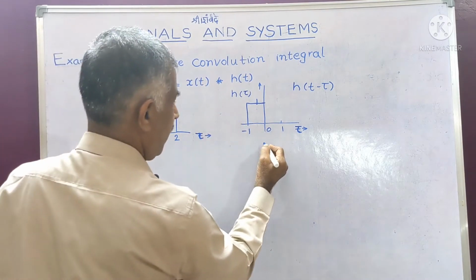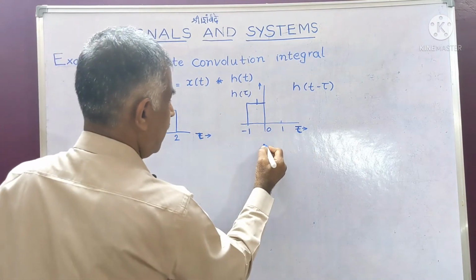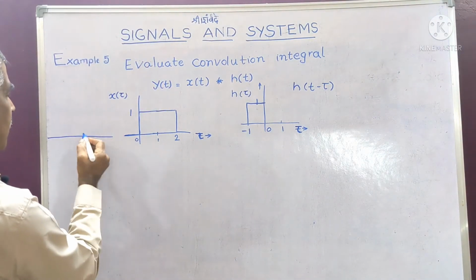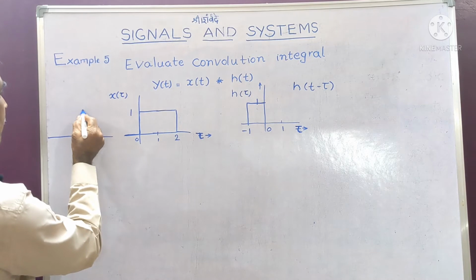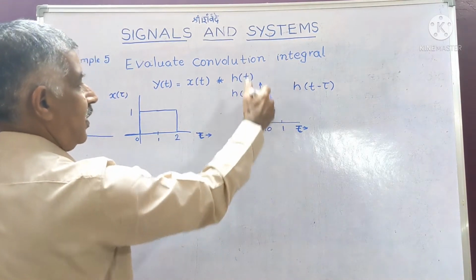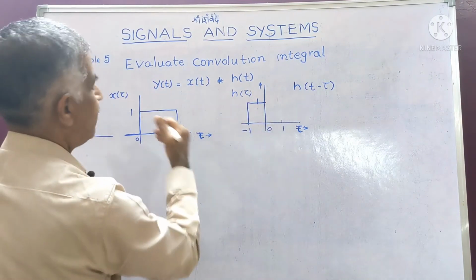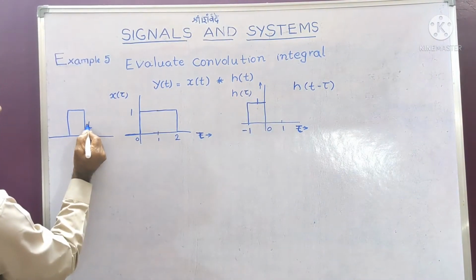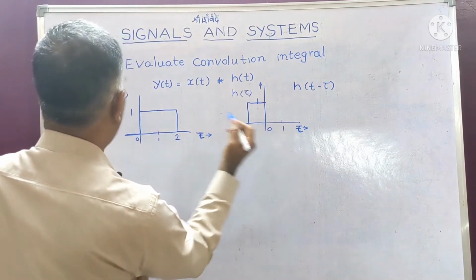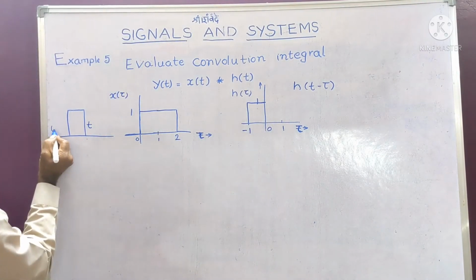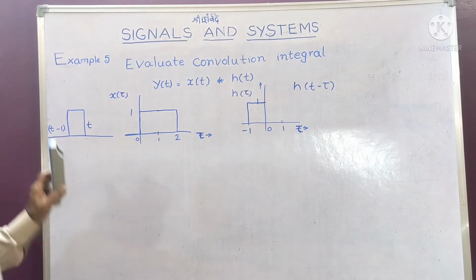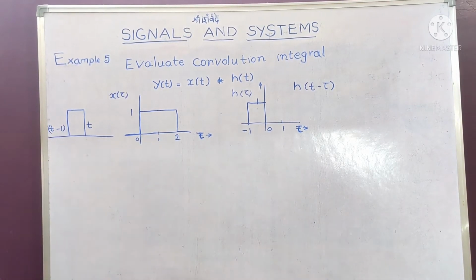So the same waveform, if it is shifted by t units, then this edge was at t equal to 0. Now pushing this by t units means this edge is a t edge. This is the t minus 1 edge. T edge, t minus 1 edge.